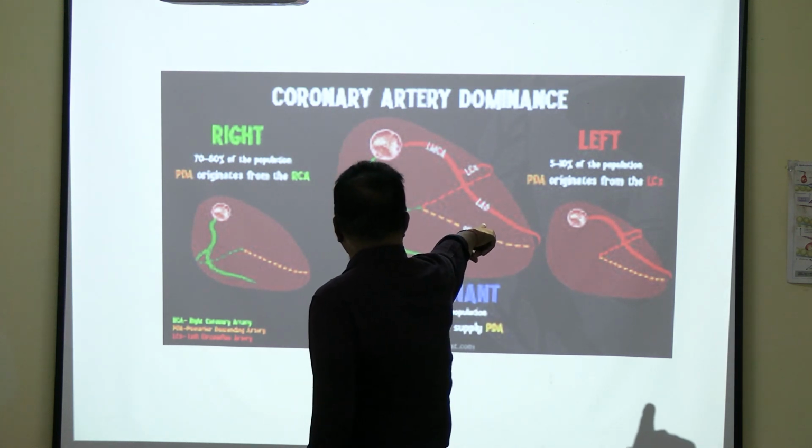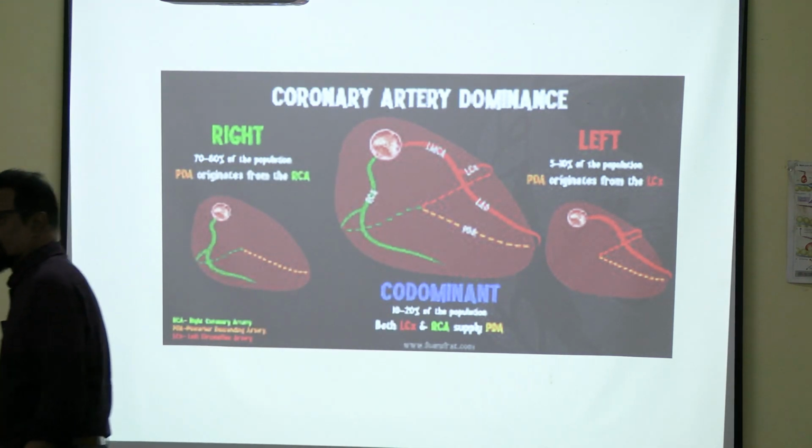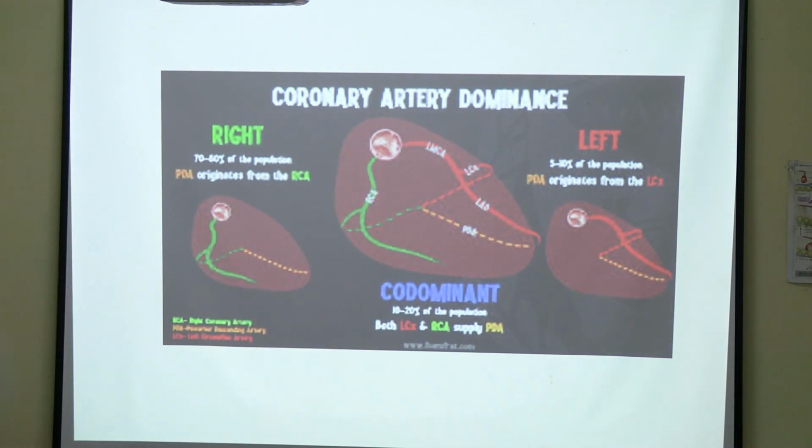And left dominance is observed in around 10% of people. A very small number of people have left dominance. So mostly it is right dominance, and co-dominance only 10 to 20%. You understood the dominance?